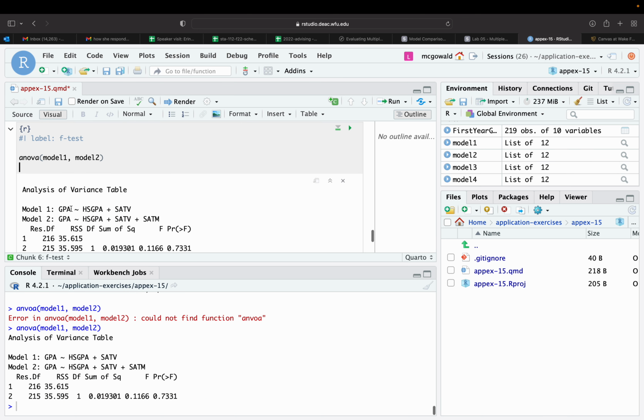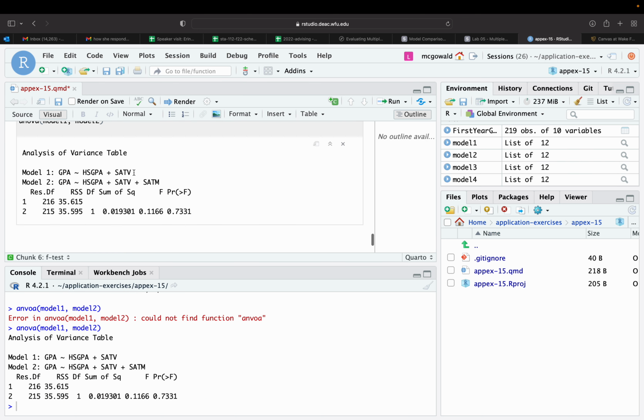Gotta spell ANOVA right. There we go. Is Model 1 nested within Model 2? It is, because the variables in Model 1 are contained in Model 2. This is necessary if we're using an F-test to compare these two. They have to be nested, and that holds here, so we're good to go.